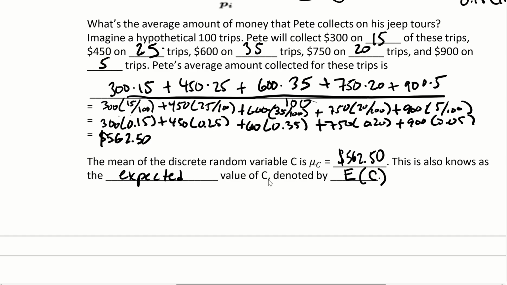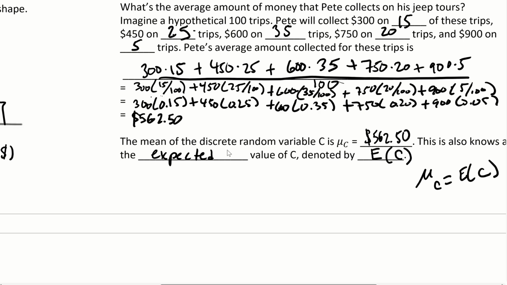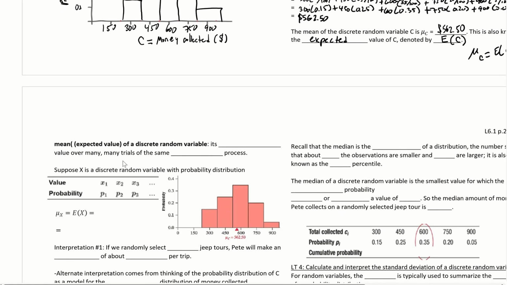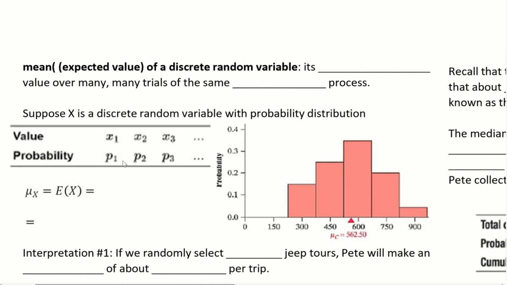So these are some terminologies that you should know. In this case, we would say mu C is the same thing as E of C, the expected value. All right, so there's some lingo there. But now we know how to calculate the mean or the expected value.